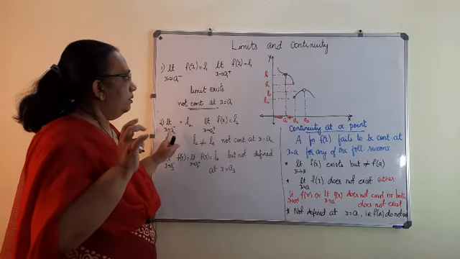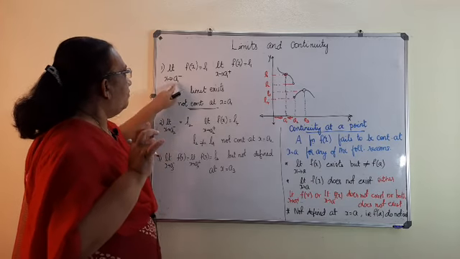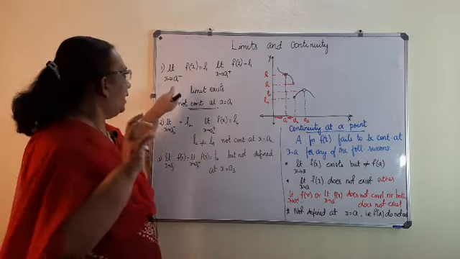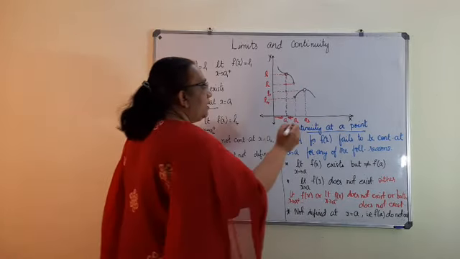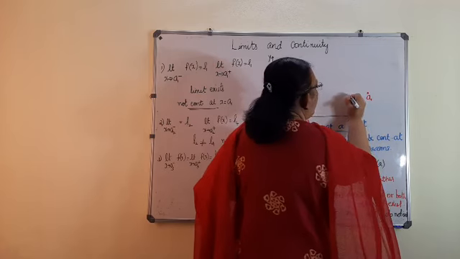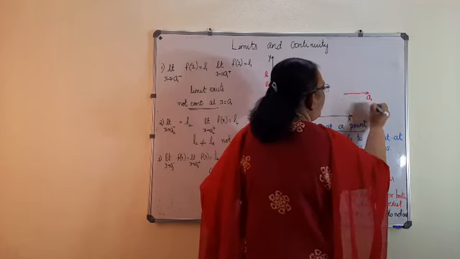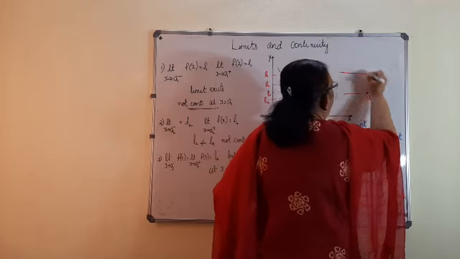Now please explain the notations a1 minus and a1 plus. Yes, a very good question. a1 minus means you can approach a1 from the left side. That is on a number line.